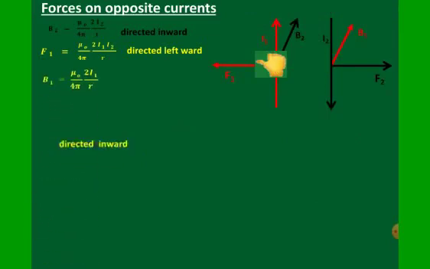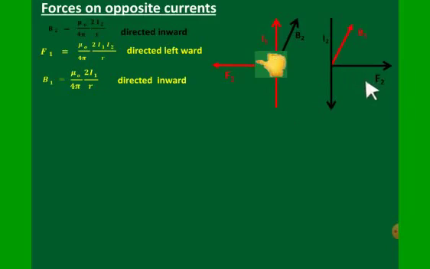Your magnetic field B1 is expressed as mu naught by 4 pi, twice I1 by R, directed inward, as I have said. This red magnetic field, shown with a red arrow, is the magnetic field due to the current carrying conductor I1, shown in red.